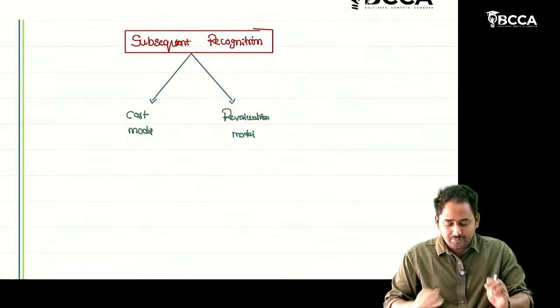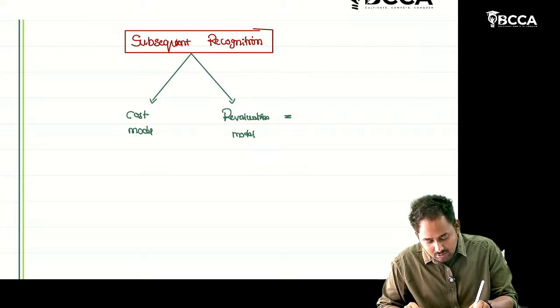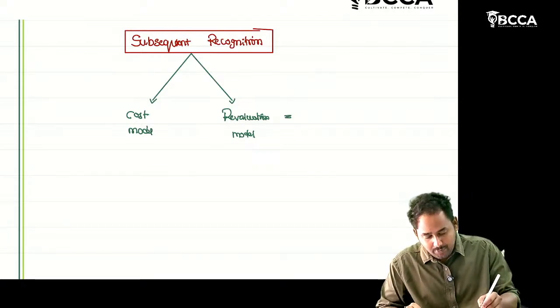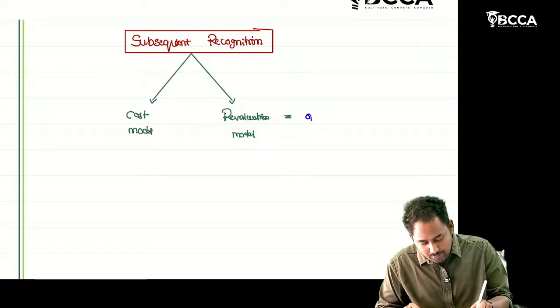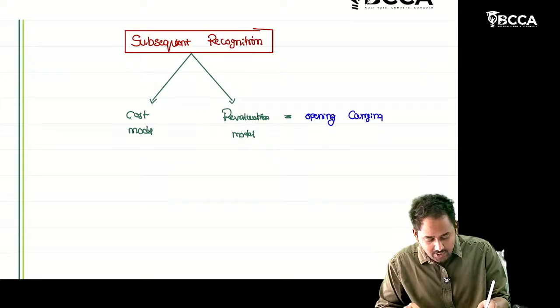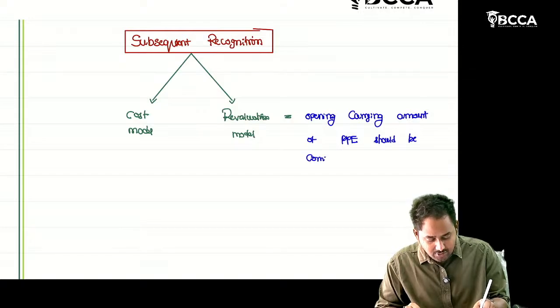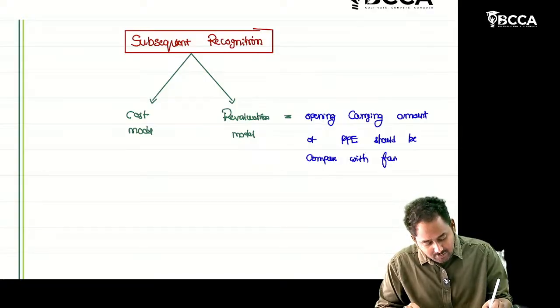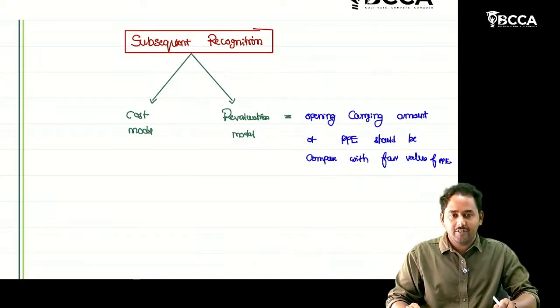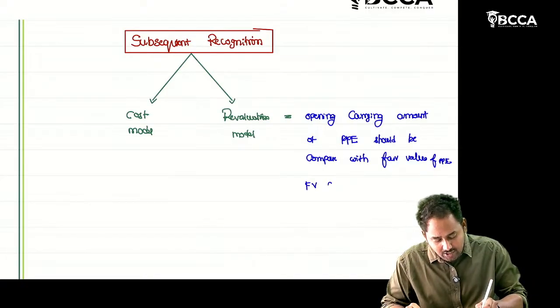Then what is the revaluation model? In revaluation model, the opening carrying amount of PPE should be compared with fair value of PPE, and need to provide fair value gain or loss.